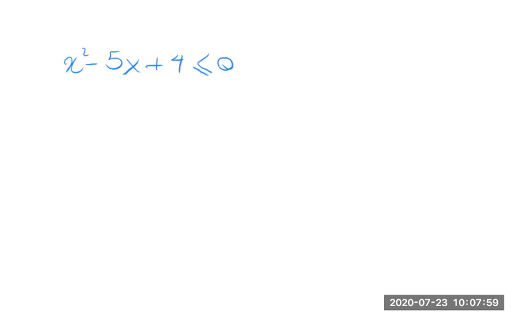I would first decompose this polynomial. What are the roots of this polynomial? First I want to write this polynomial as a multiplication of two linear factors. How can I find them? x minus 1 times x minus 4.